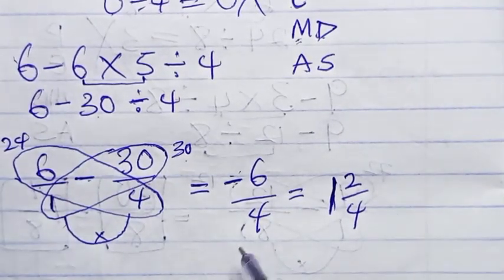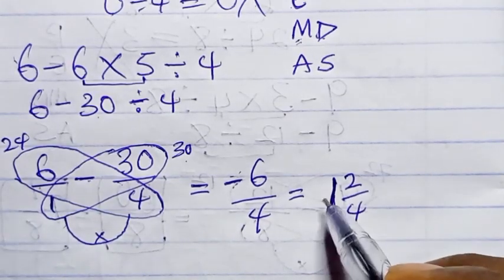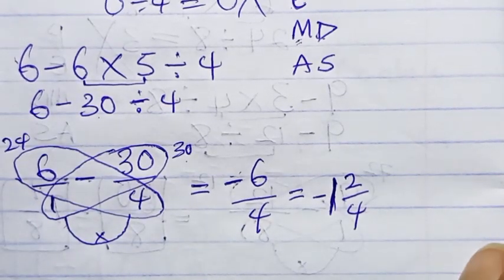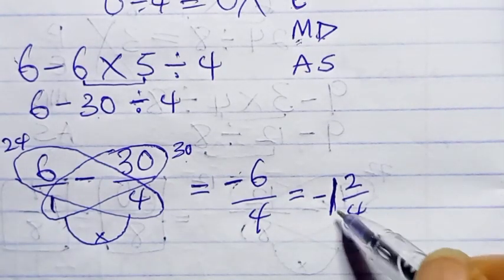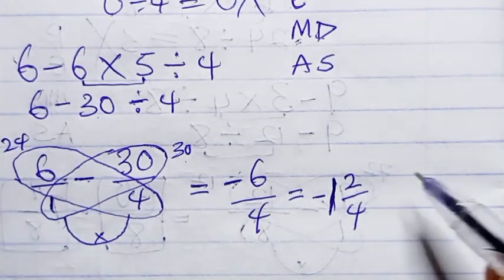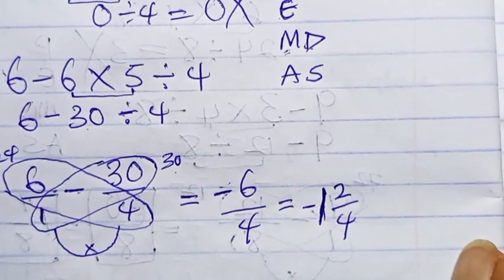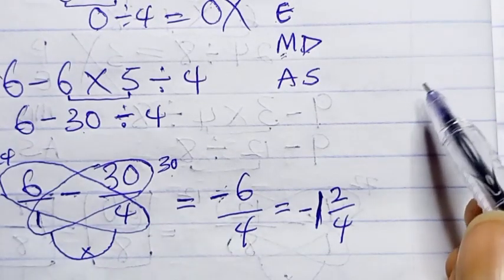Then bring down our denominator here. So we have one whole number, 2 over 4. Then put your negative sign, because the answer is negative. So minus 1 whole number, 2 over 4. Check: 1 times 4 is 4, 4 plus 2 is 6. That's correct.